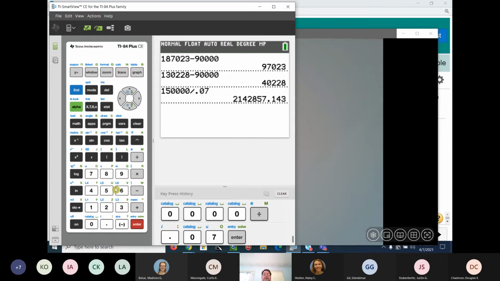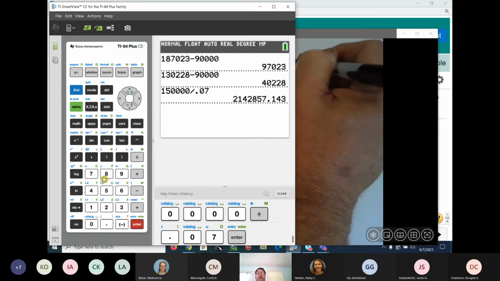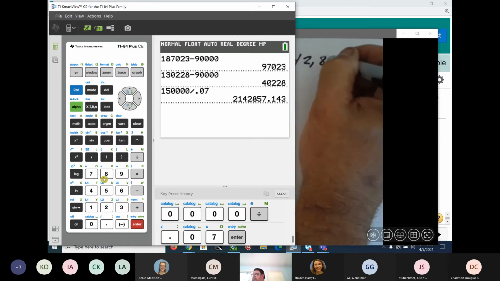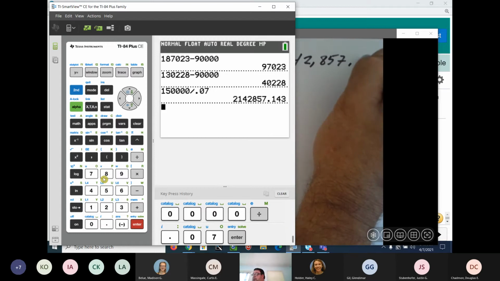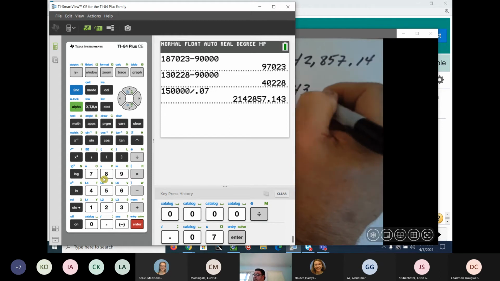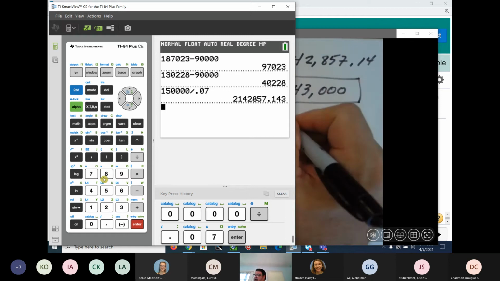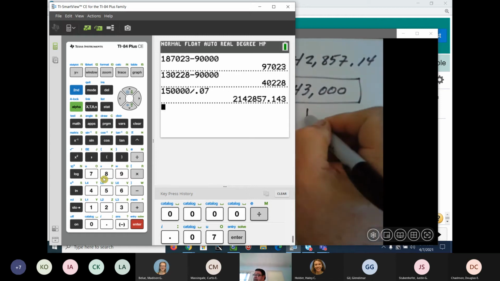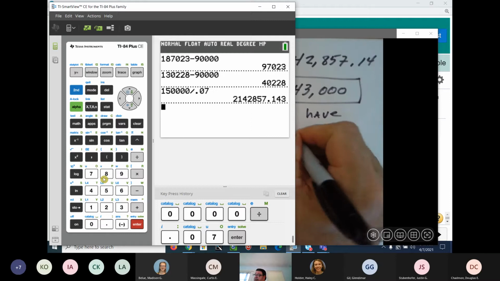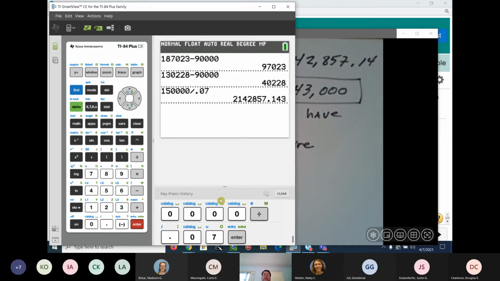You have to have $2,142,857.14. Well, you might as well say 2,143,000. That's how much you need to have in your retirement after so many years. Okay?